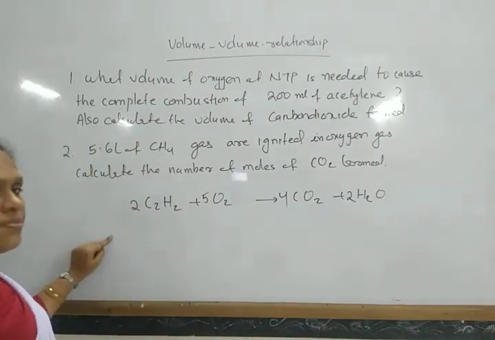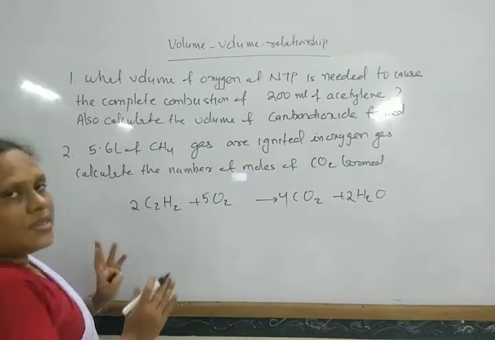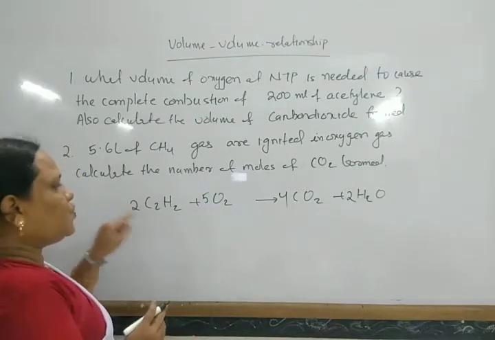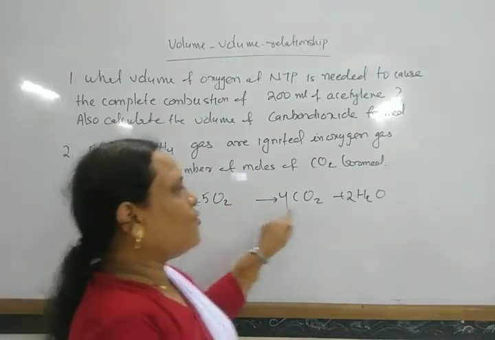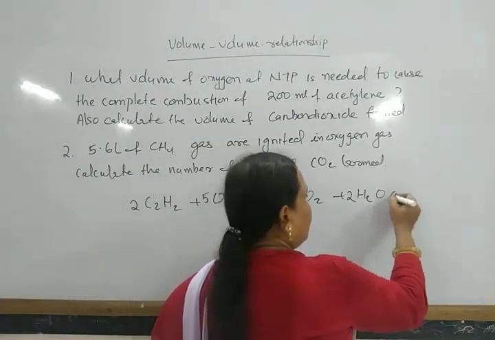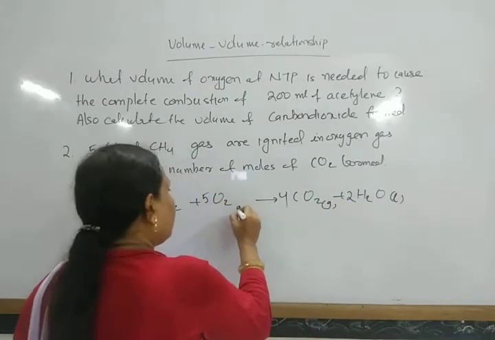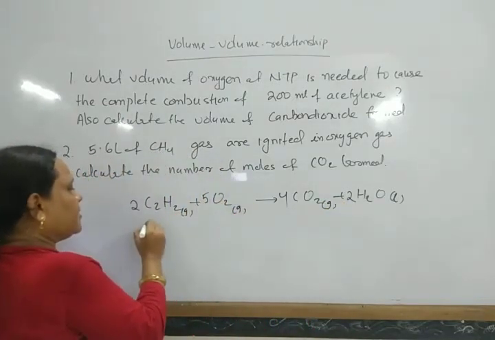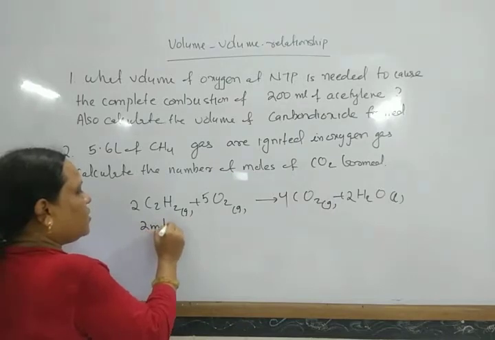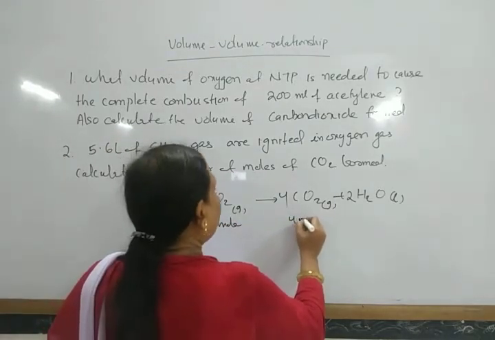Now all is volume given. This is 2 mole, 5 mole, 4 mole, and water is a liquid, its volume is different. As all these three are gases, so this is 2 mole, 5 mole and 4 mole.